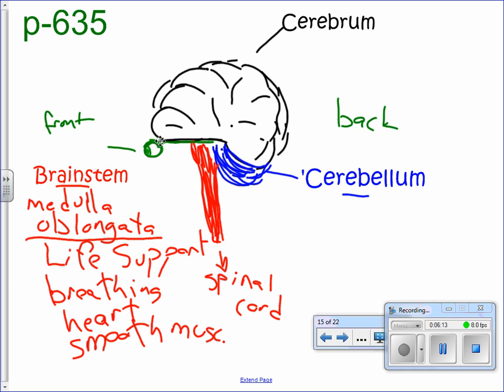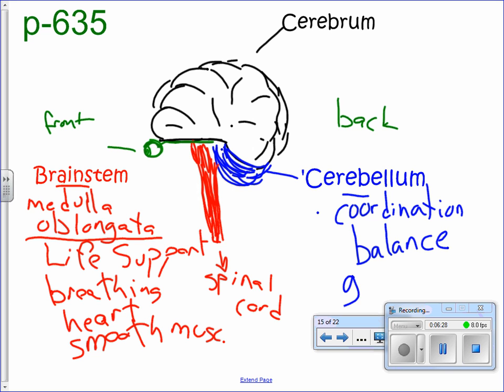Then the cerebellum, as Tim and Moby mentioned, does things like coordination, balance, and what you call gross motor control. Those are really big movements of the big muscle groups, like the quads.